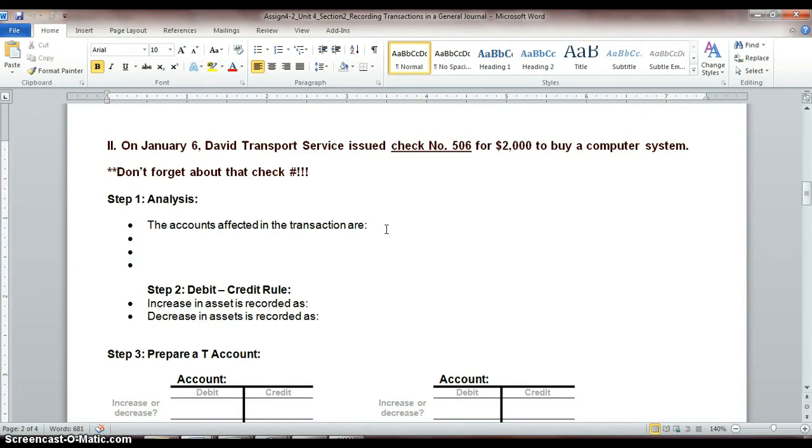The accounts that are going to be affected here, it doesn't say we're buying on account or anything, or that we're paying for a purchase that we made earlier. So we're writing the check as we're buying the computer system.